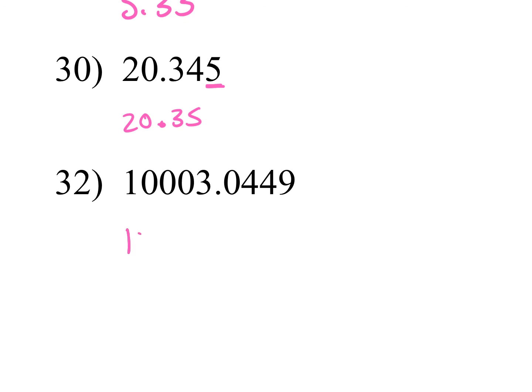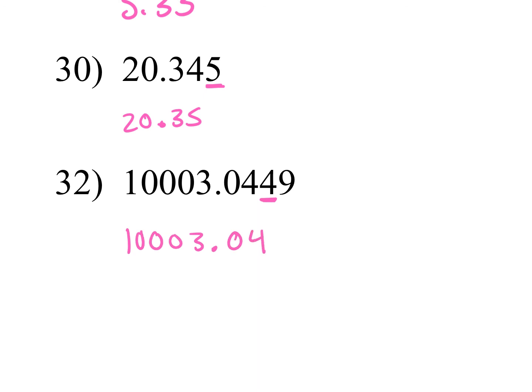For 32, it'll be 10,003 point. So I'm looking at the third decimal place. Do I round up or stay the same? Stays the same. 4 means that we stay the same. Nope, 4. So 0, 4.